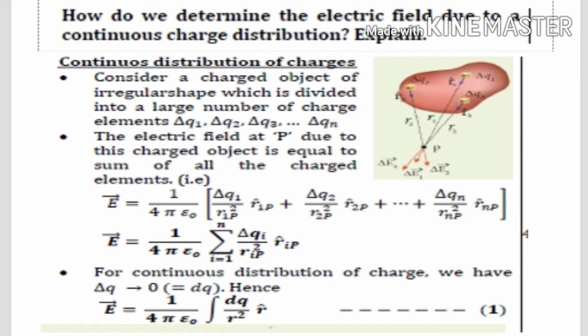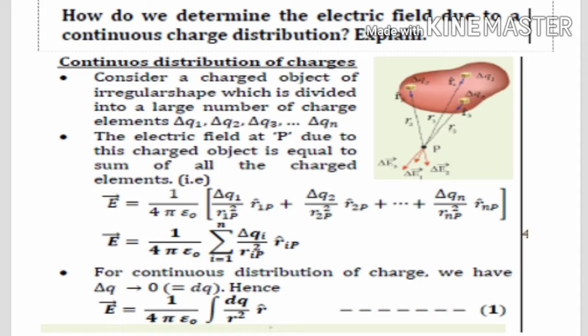Here R1P cap indicates the unit vector which is directed from the charge element Q1 to the point P, and R2P cap indicates the unit vector which is directed from the charge element Q2 to the point P.